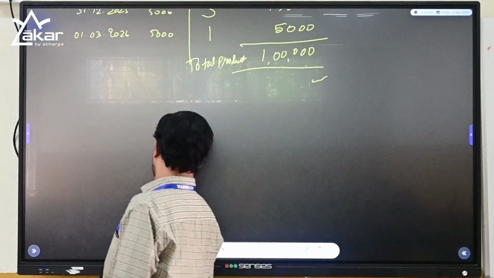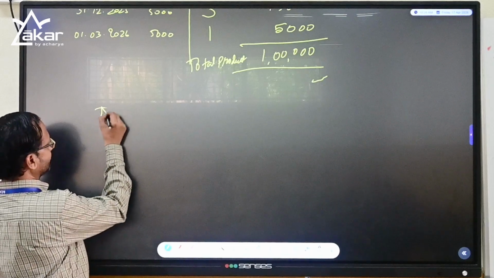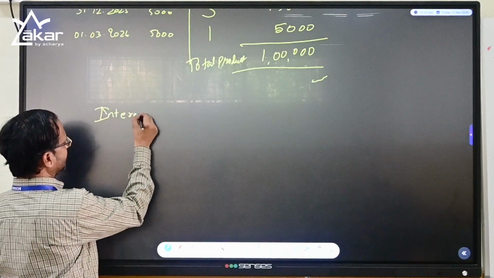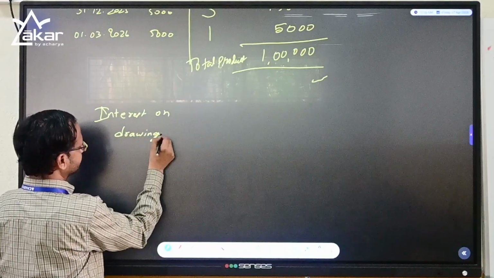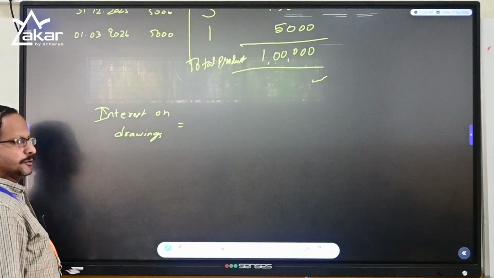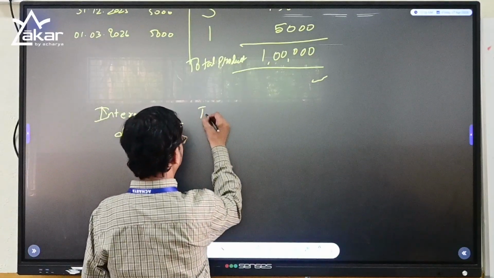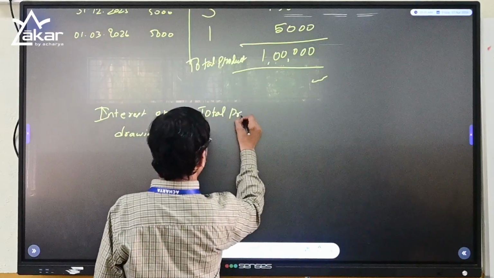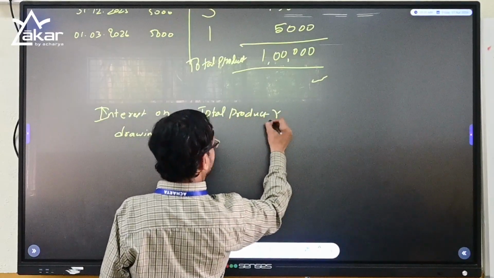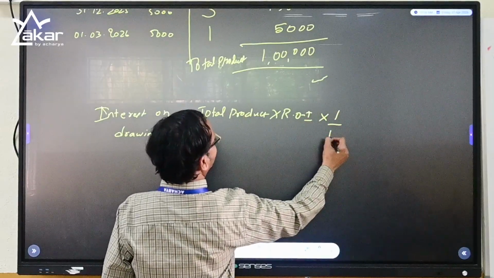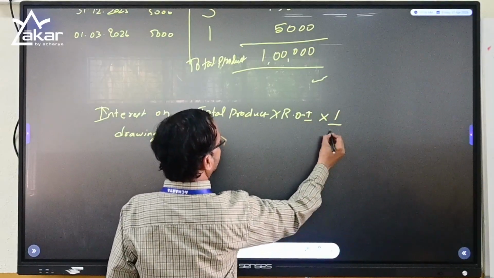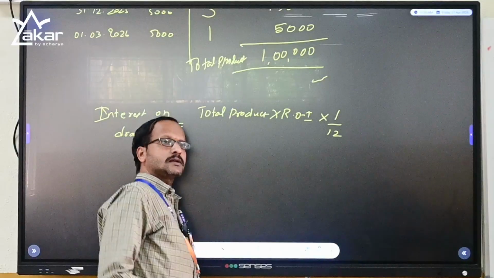So how to calculate the interest now? Interest on drawings is equal to, the formula is very simple, total product into rate of interest into 1 by 12.